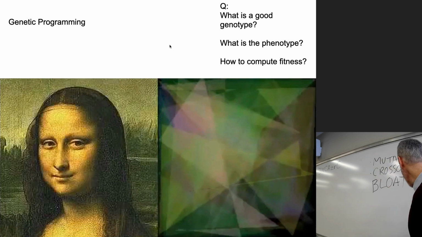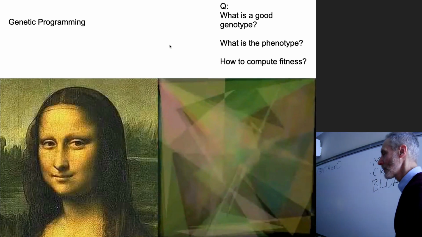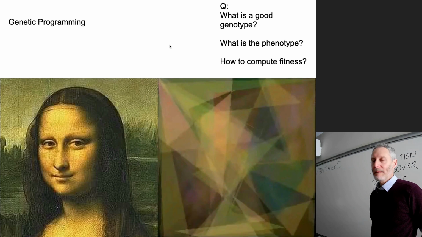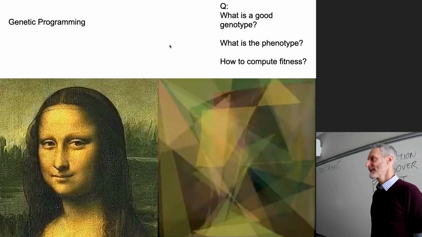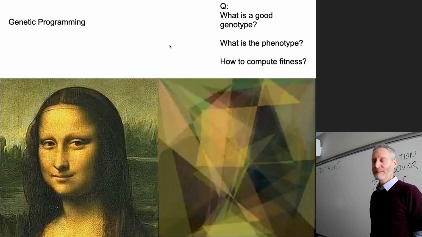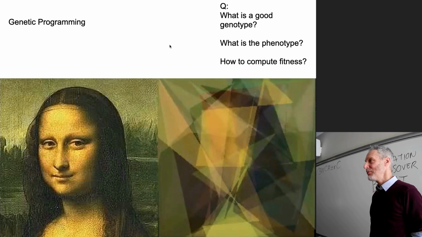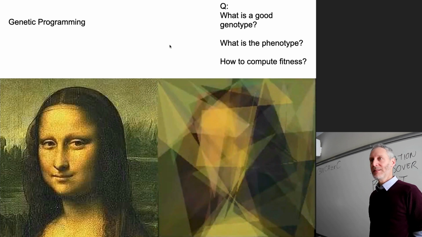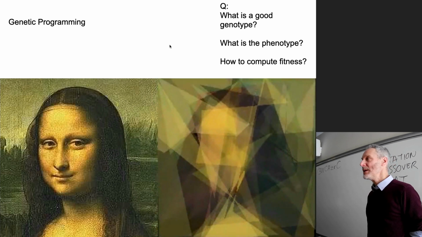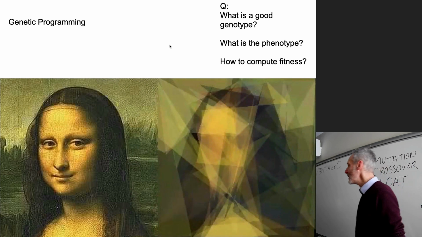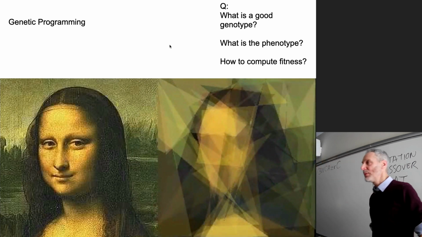What is genetic programming doing in this case? It's evolving a picture of Mona Lisa. Okay. Can we be more specific? So it's evolving a picture of Mona Lisa.